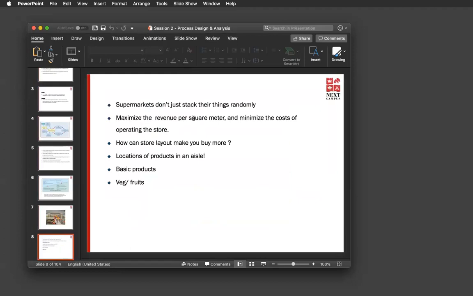Likewise, there will be specialized products, which will be stored separately because it's not very voluminous. These are specialized, and they will only be purchased by customers infrequently.